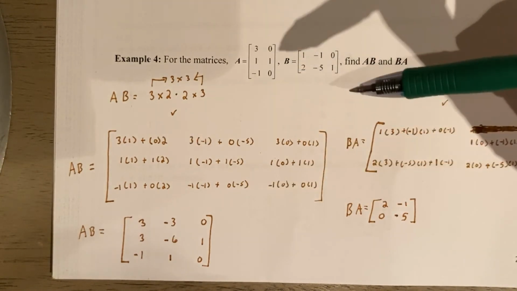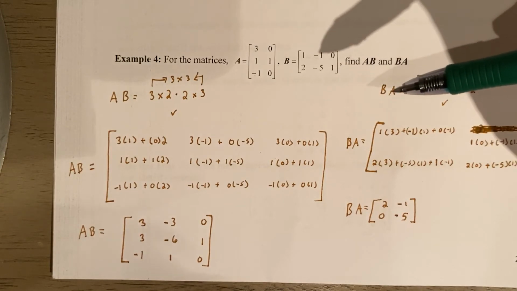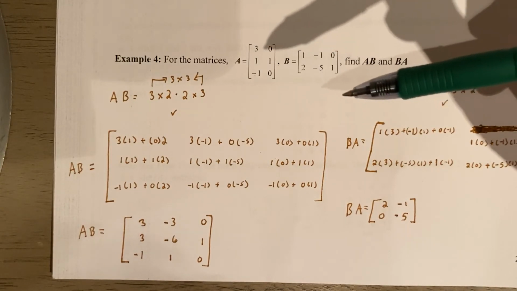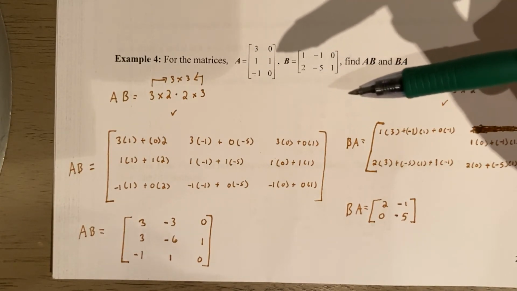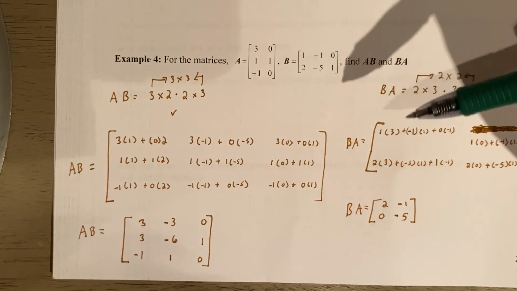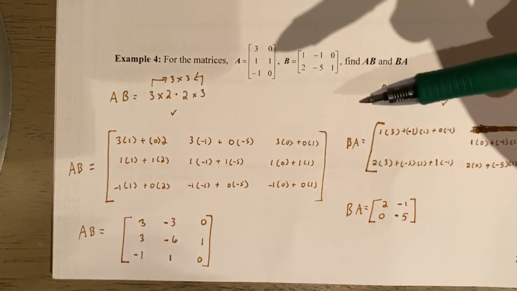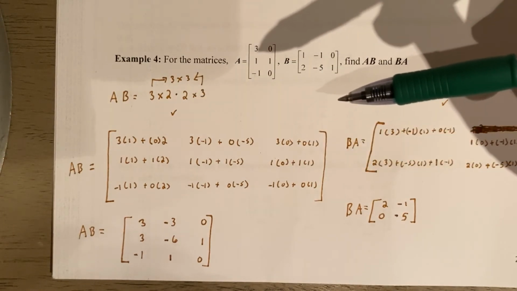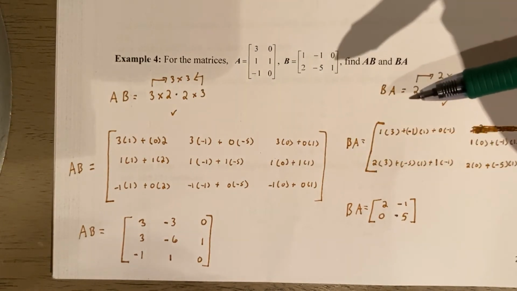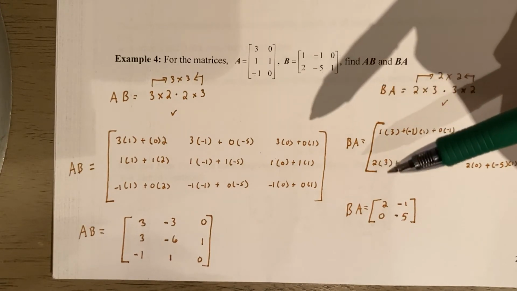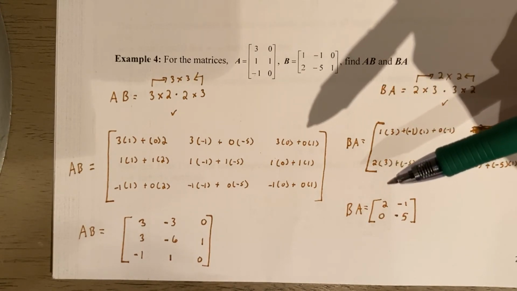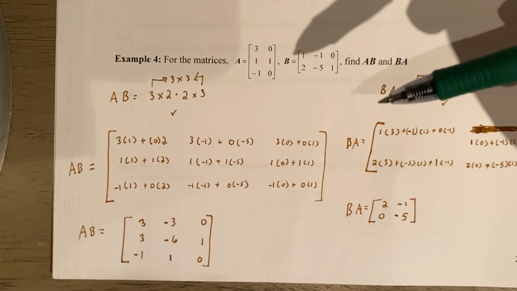Then I'm going to multiply 3 times -1 and 0 times -5. So I'm multiplying the first row by every column. Every time I do that, I add up the products. The last part will be 3 times 0 plus 0 times -1, and that's going to be defined there. Then I keep doing that for each row.